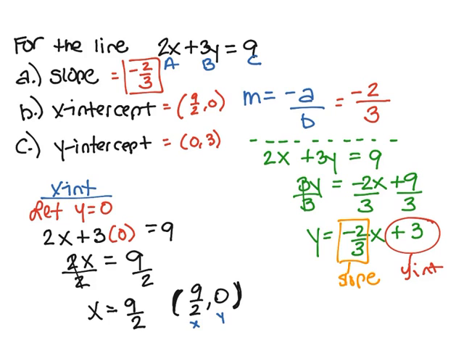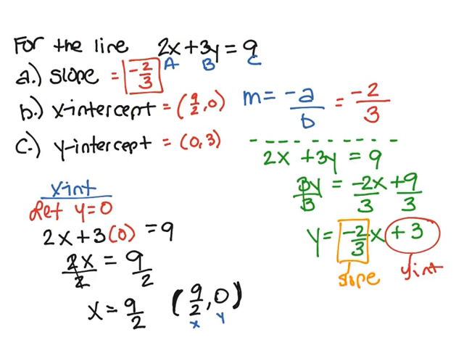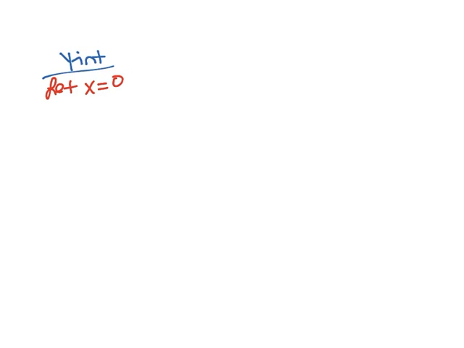But if you did not solve for y, then to find the y-intercept, you would simply let x be 0. So if we let x be 0, our equation is 2x plus 3y equal 9.